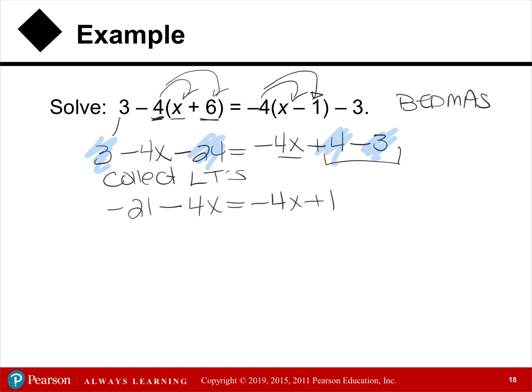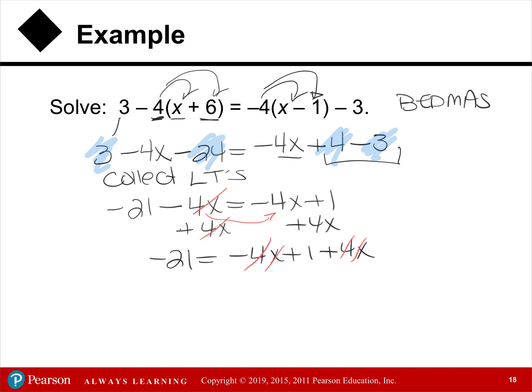Okay, now let's move the x's again. So I'm going to add 4x, add 4x. Now, I was trying to move this guy over here. This one cancels off that one. I'm going to rewrite it. Negative 21 equals negative 4x plus 1 plus 4x. But I notice when I do this, I get another uh-oh.